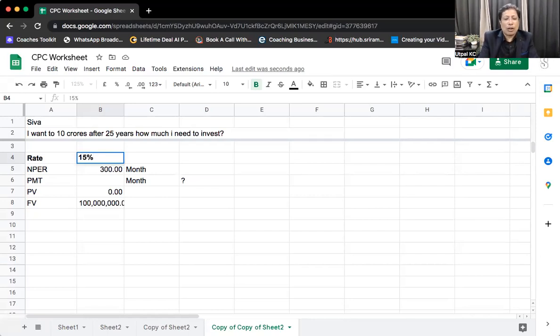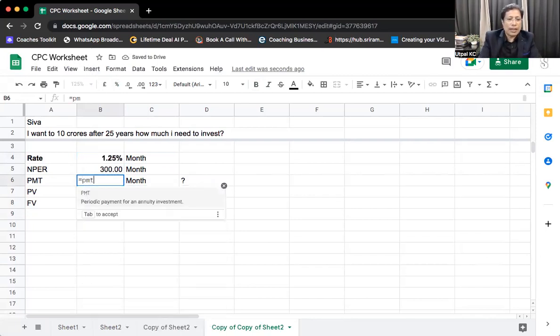So what will we have to do? We need 15% per month, so divide by 12. This will be 1.25% per month. Everything is per month. Now we need to find out PMT. Equal PMT, bracket starts, rate 1.25%, then NPER 300, then PV is 0, and then comma 1.